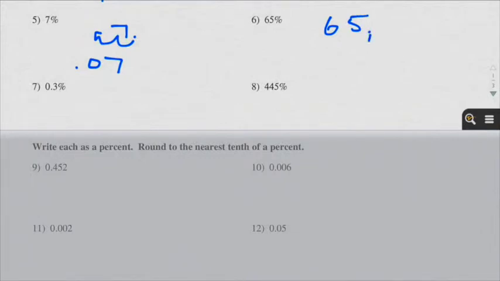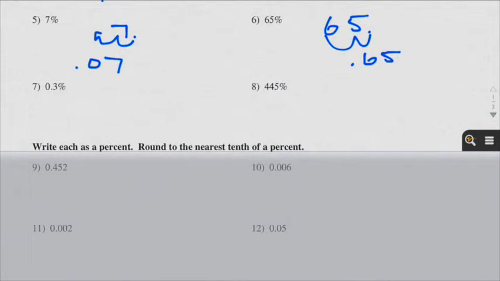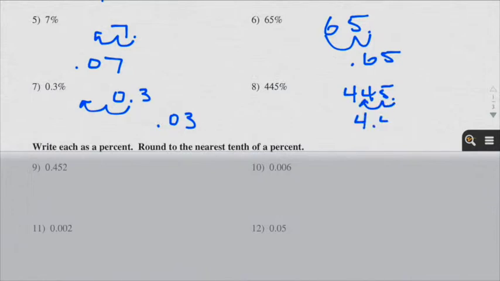We have our decimal here, move it over 1, 2, we end up with 0.65. Number 7, 0.3%, move the decimal over 1, 2, we end up getting 0.003. Number 8, 445%, our decimal is right here, move it over 1, 2, we end up getting 4.45.